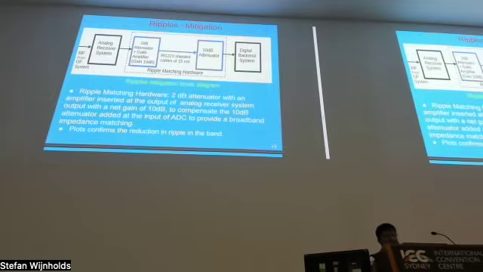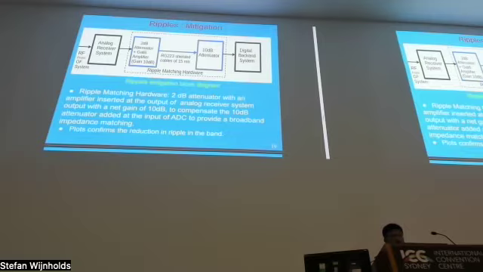So this 10 dB attenuator gives us wideband impedance matching, but the drawback is it reduces the dynamic range.